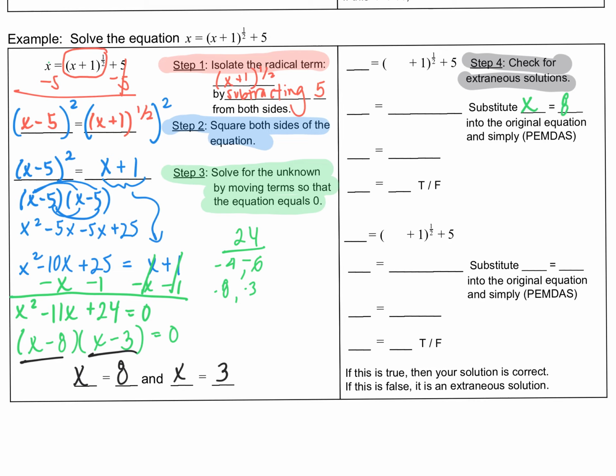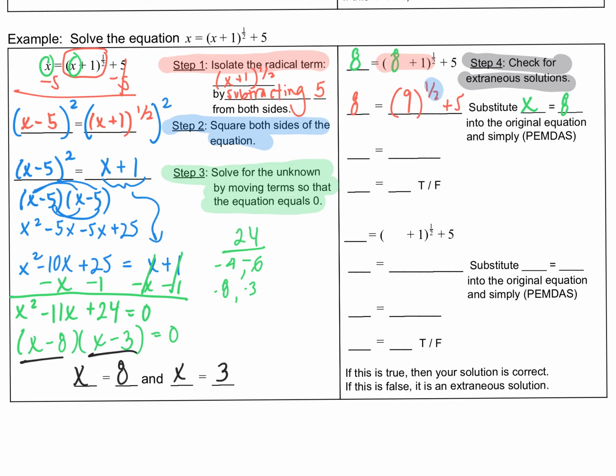So plugging it in place of everywhere where we have x, it's going to be 8 equals 8 plus 1 to the 1/2 plus 5. And then just like before, we're going to follow the steps by doing order of operations. So I'm going to start on this side and look inside my parentheses, and 8 plus 1 is going to give me 9. So we have 8 equals 9 to the 1/2 plus 5.